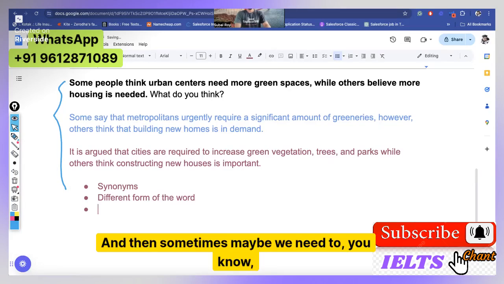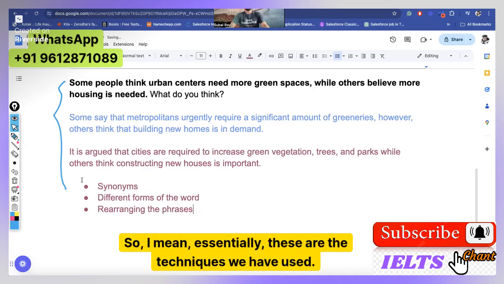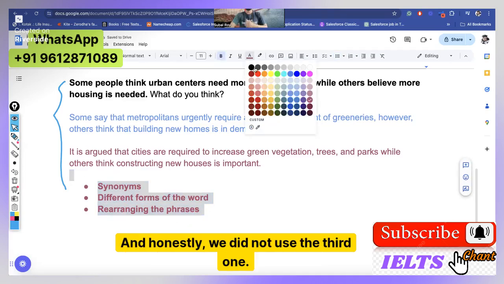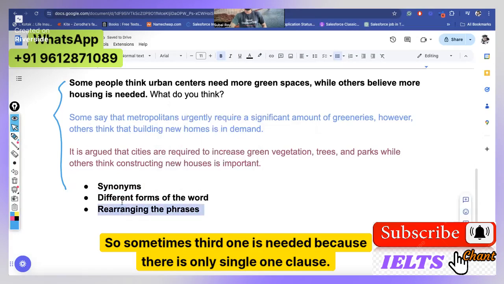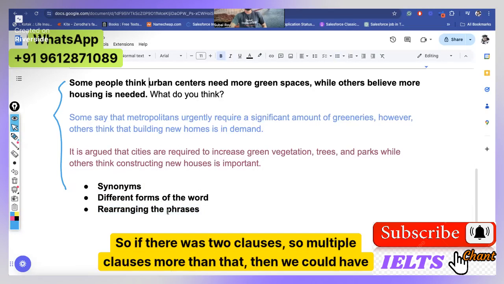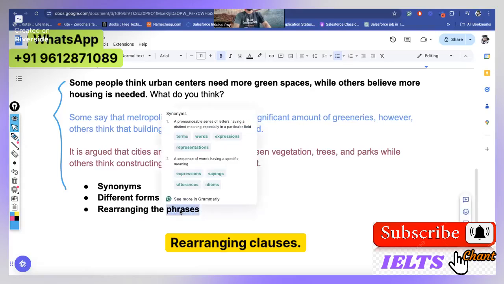And then sometimes maybe we need rearranging phrases or forms. So essentially, these are the techniques that we have used. Honestly, we did not use the third one. Sometimes the third one is needed, but here there is only a single clause. If there were multiple clauses, then we could have played with this rearranging part, rearranging clauses. All right.